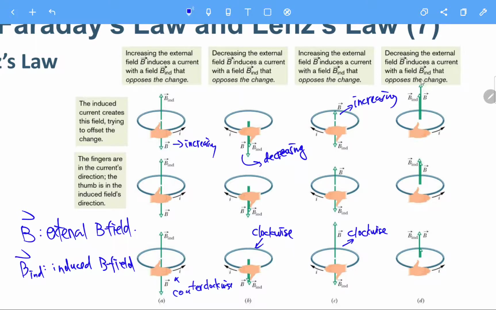And if B is decreasing, then this loop will try to generate a B induced pointing upward, and in this case, this is counterclockwise.